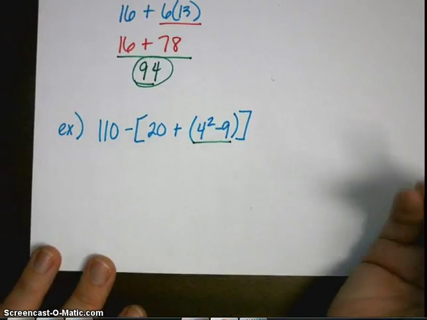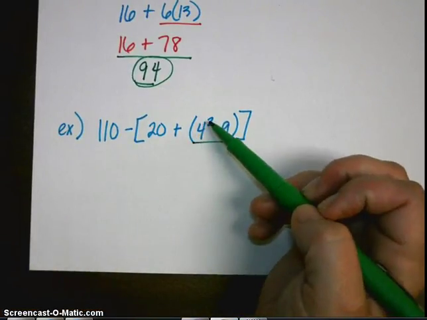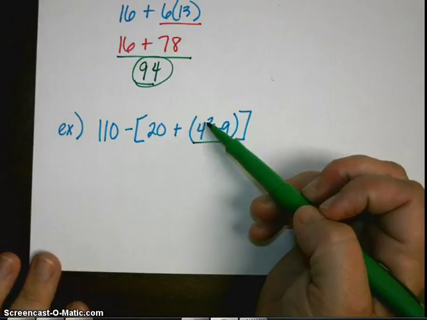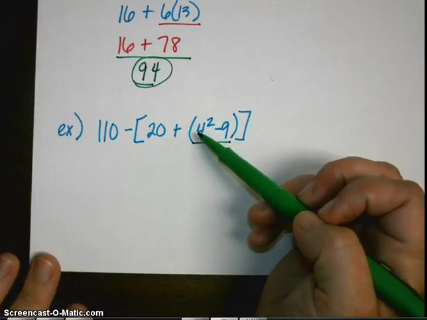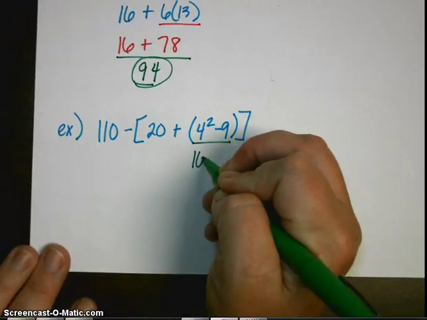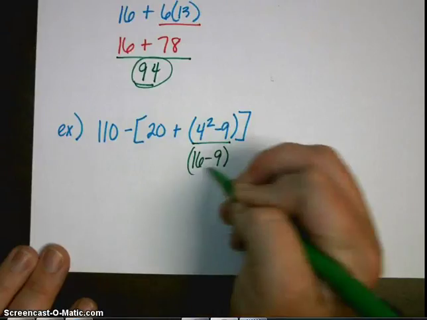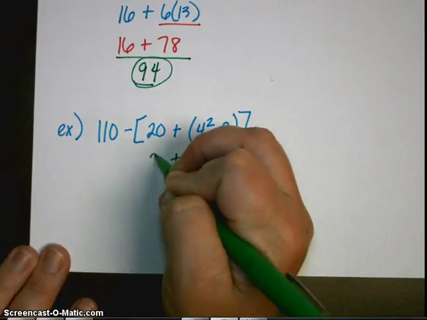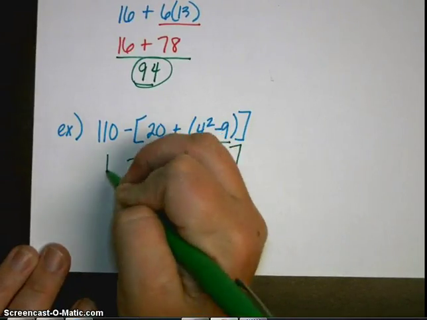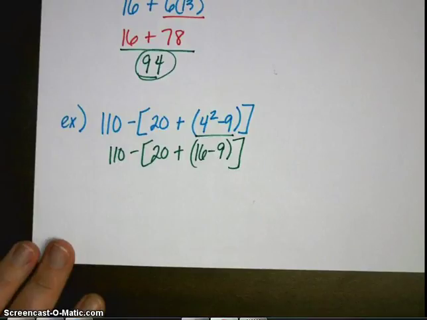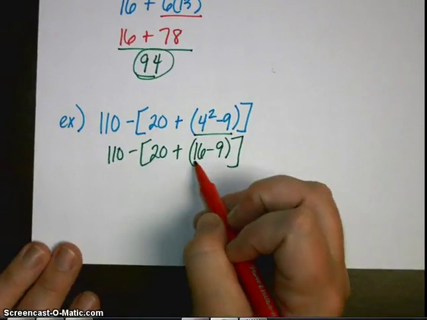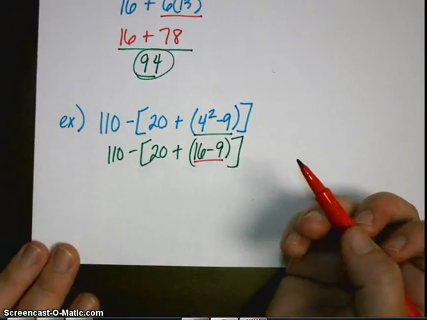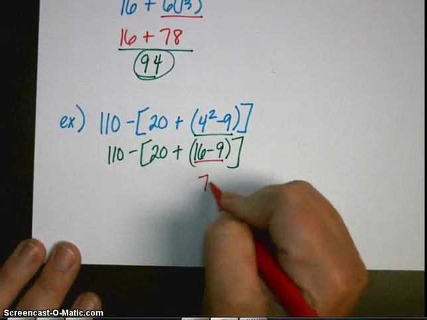To do this, I have 4 squared, which is an exponent. That means 4 times 4. 4 times 4 is 16. So I'm going to simplify that first and then move on. Now, still inside the parentheses, 16 minus 9 is 7.